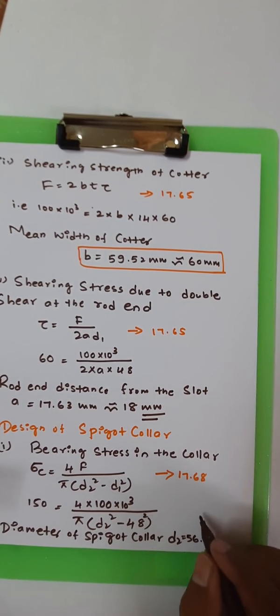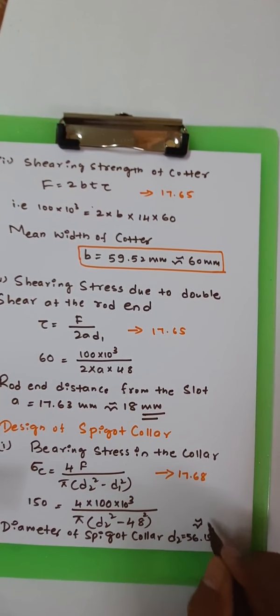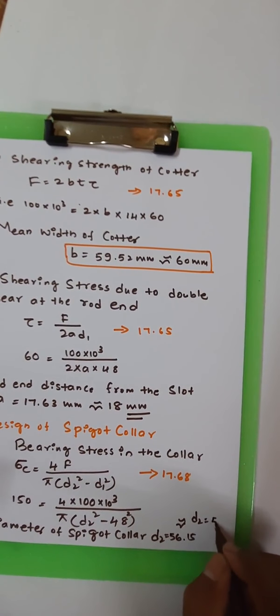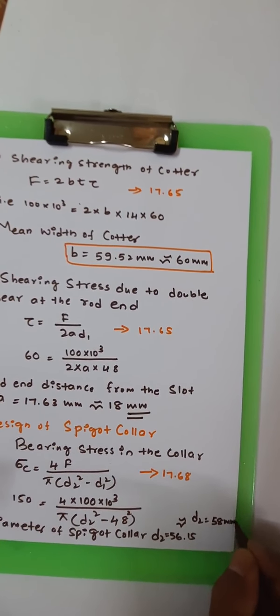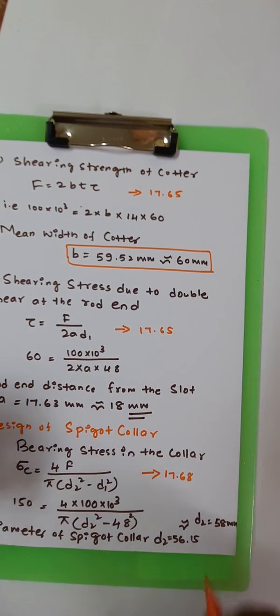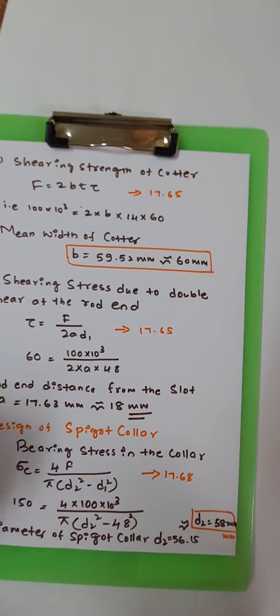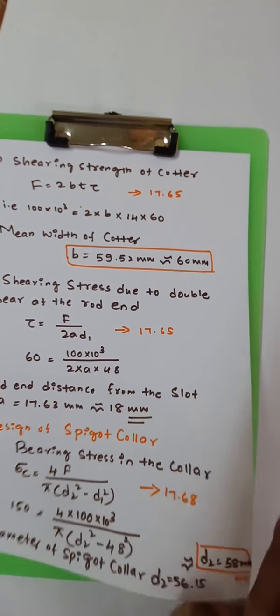I'll round up that value, so d2 is equal to 58 mm. Next, we need to determine the thickness of the spigot collar E, through the shear stress.